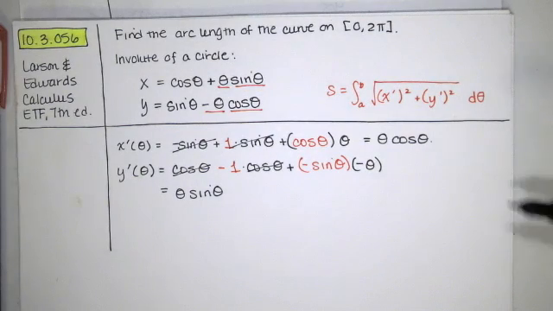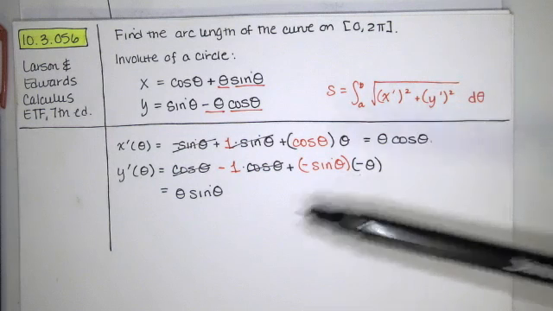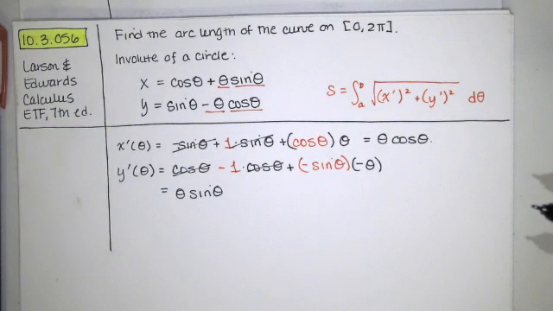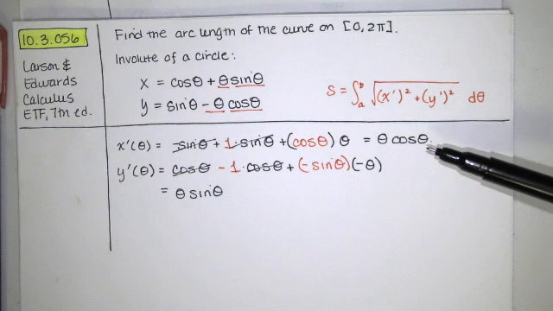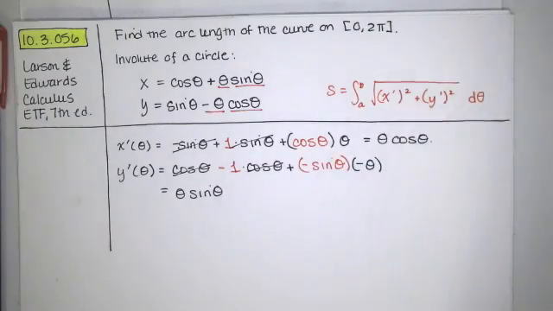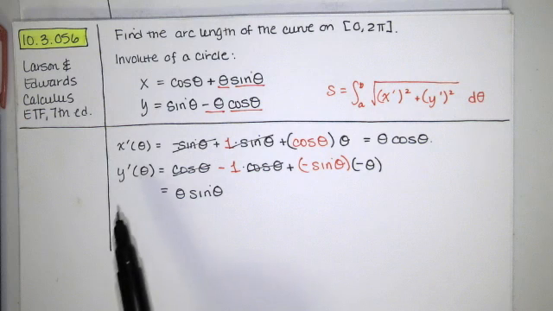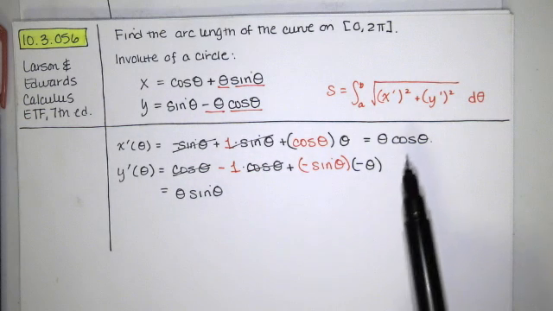Now we're going to have problems anytime that both x prime and y prime are 0, because potentially we might have a cusp in that parametric curve where x is a function of theta and y is a function of theta.